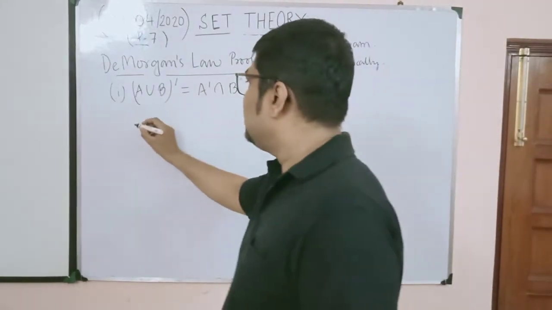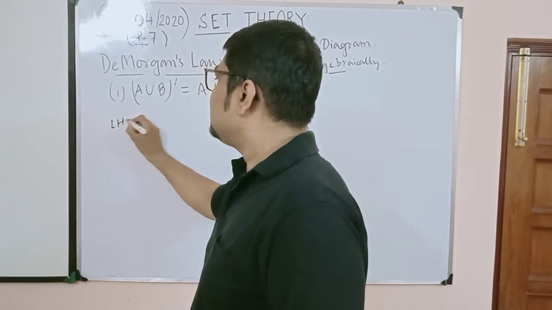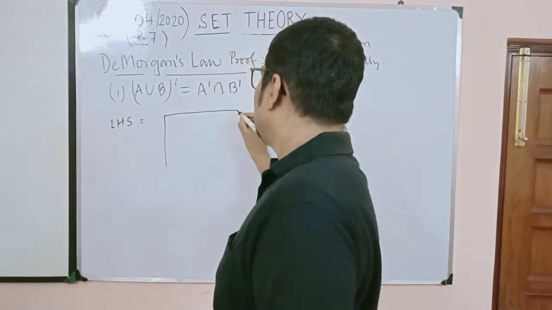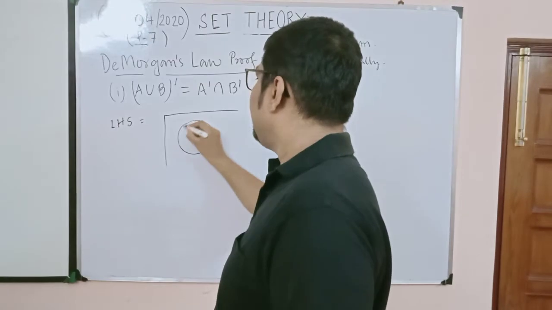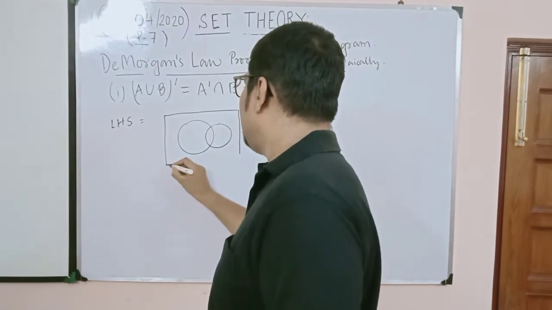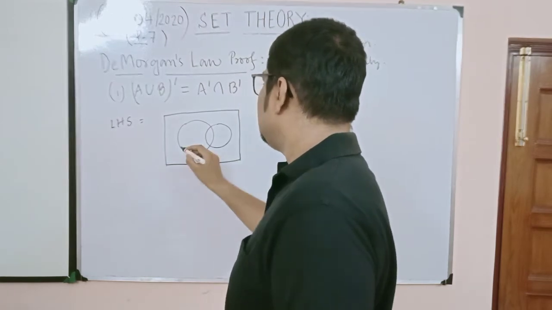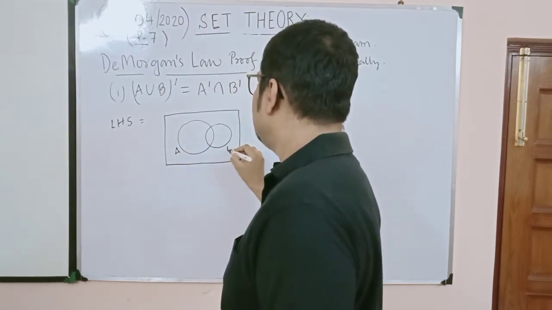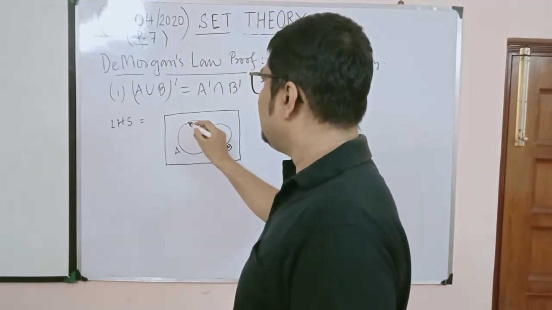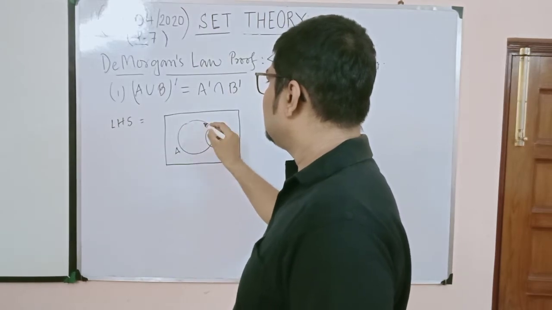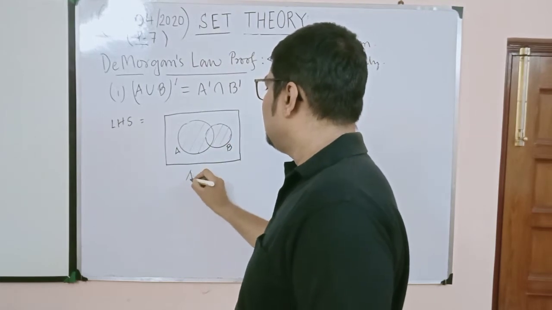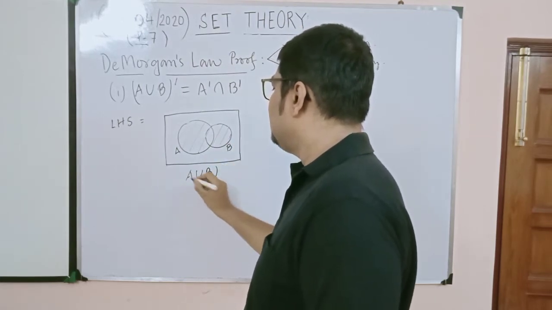The LHS part is A union B. We take A and take B, and this is A and this is B. So what is A union B? A union B is this, the shade. The throughout shade will be A union B. Below you write what you are getting, A union B.